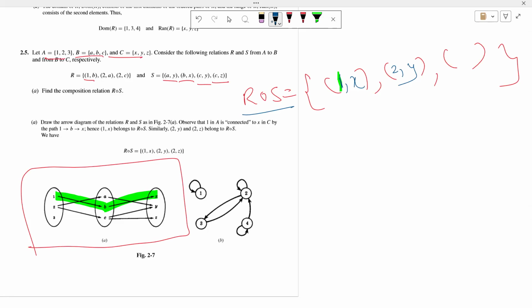Then 2 comma Z is another ordered pair. So altogether four ordered pairs in R of S.